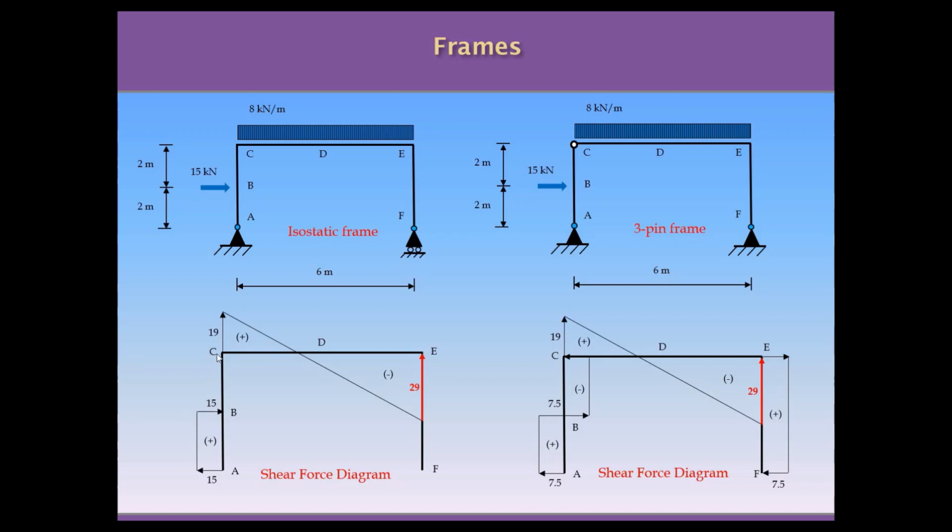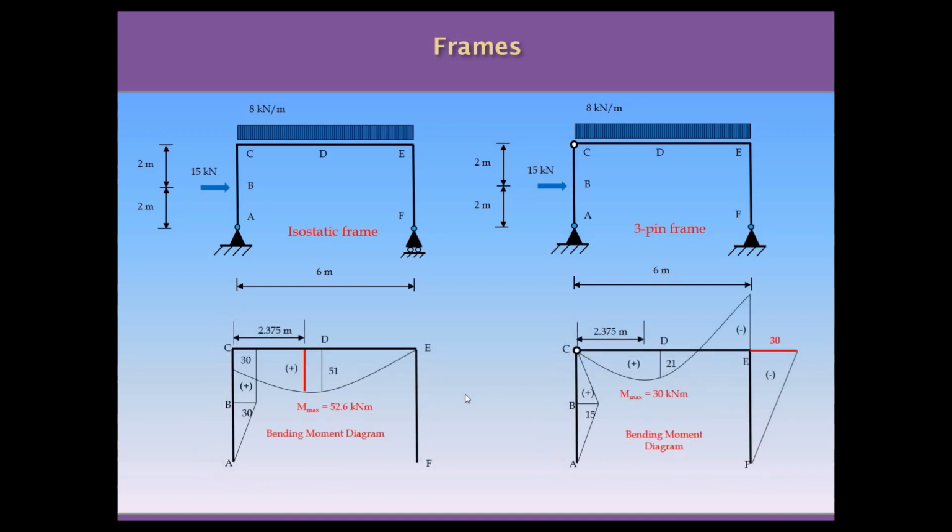The beam that is part of the frame, from C to E, has the same shear force distribution and the same values. The maximum is the same. But in the second column, from E to F, we have a shear force of 7.5 constant along the length of the column, and we had none in the first example. So definitely the introduction of this pin support instead of a roller, and the hinge in the corner, has produced a difference on the columns.